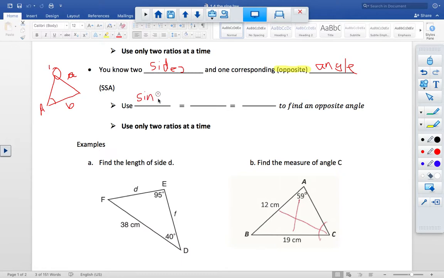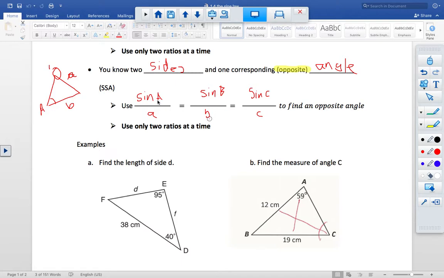So sine A over side A equals sine B over side B, and then sine C over side C. Again, same idea, you only use two of them. In this case, because I know A and I'm looking for B, I use the first two, sine A over A and sine B over B.